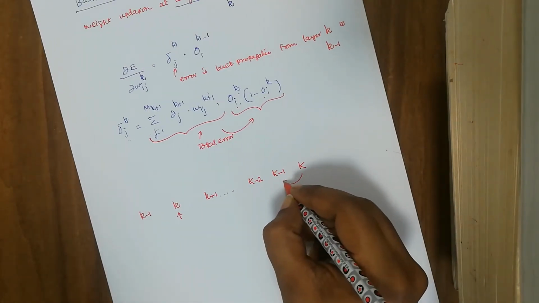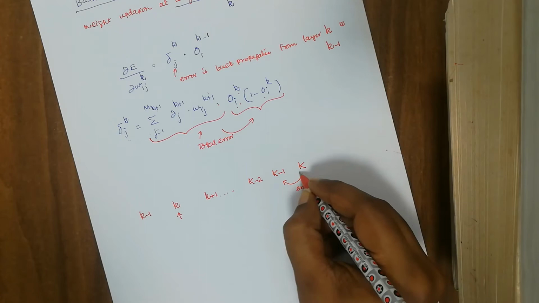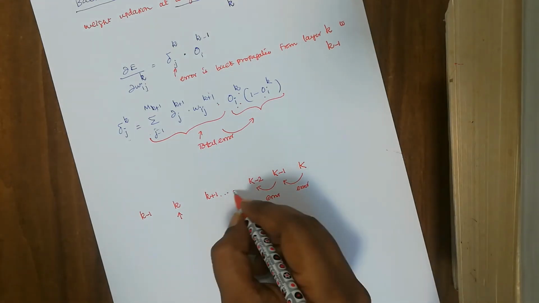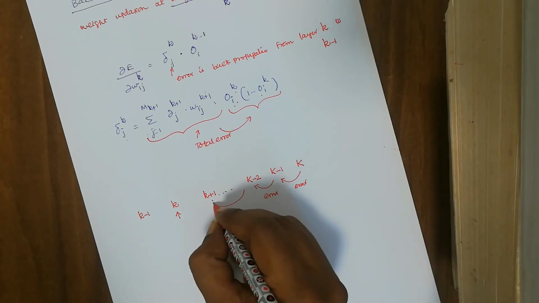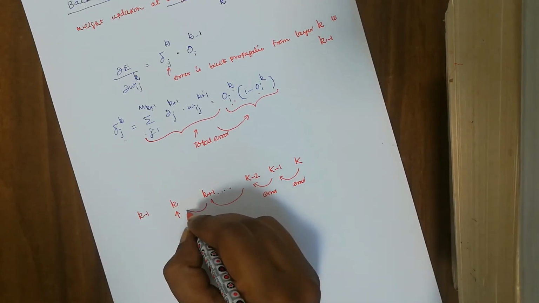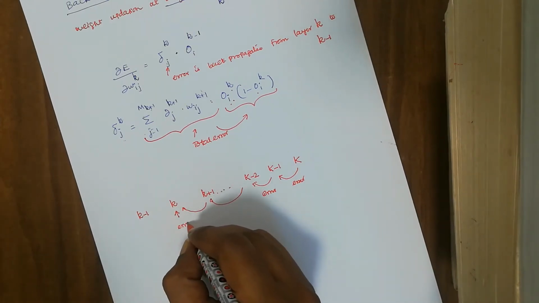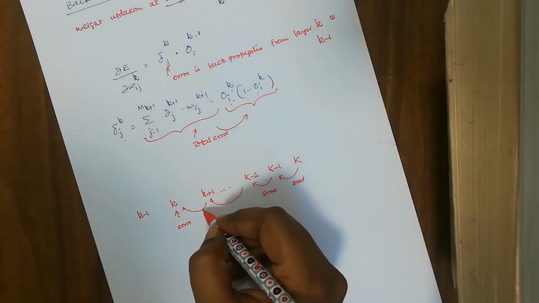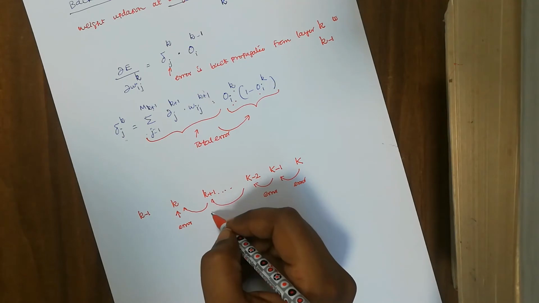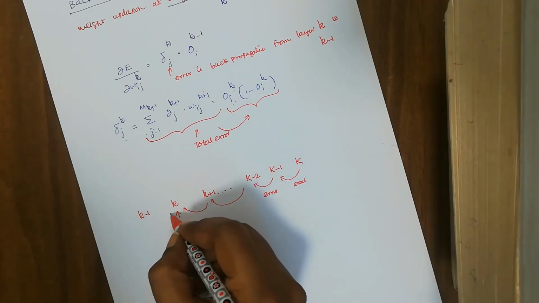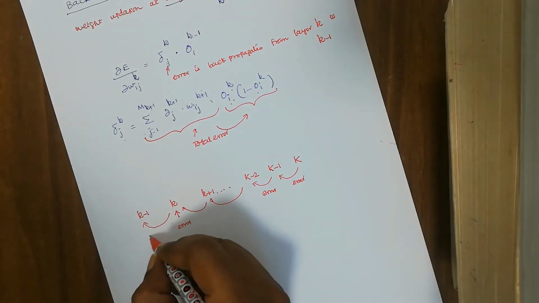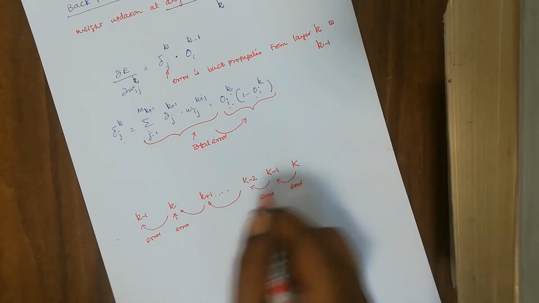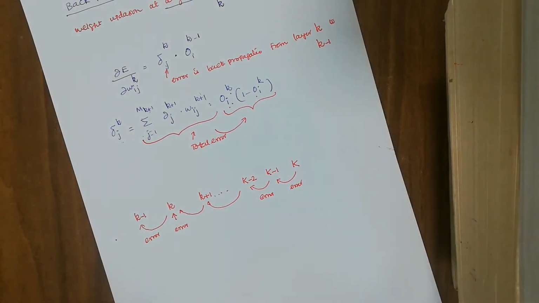Initially the error gets back propagated from k to k minus 1, then k minus 1 to k minus 2, all the way up to this, and then k plus 1 to k. While you update the weight at the kth layer, all the error gets accumulated from all the nodes at the k plus 1th layer to k, and then from k to the k minus 1th layer all the way up to the input layer. This is what we are doing in backpropagation.